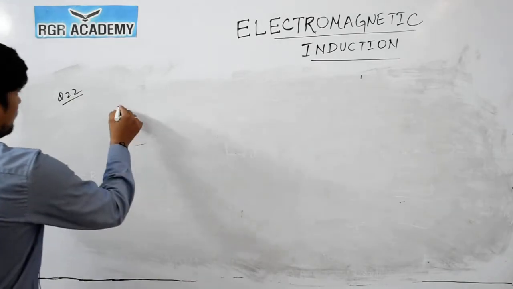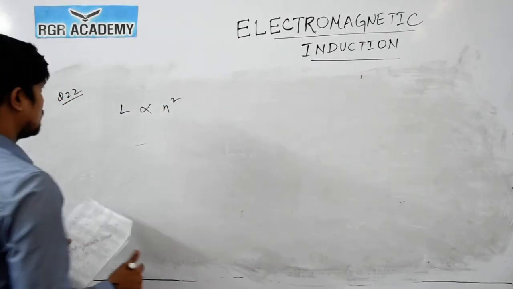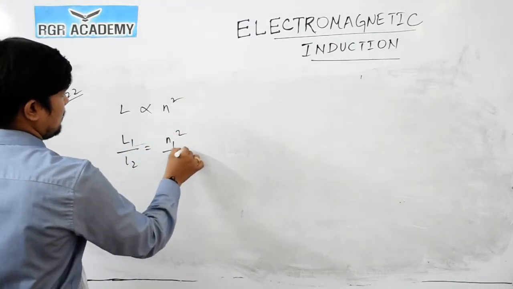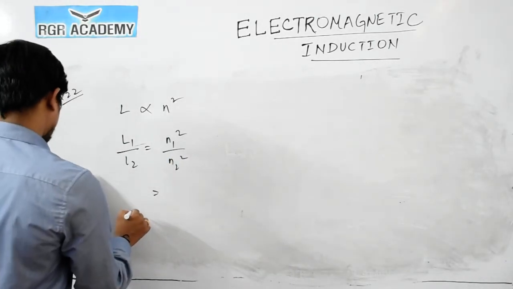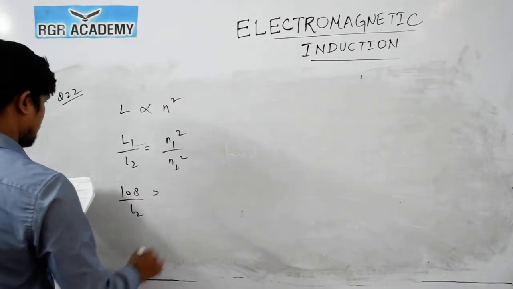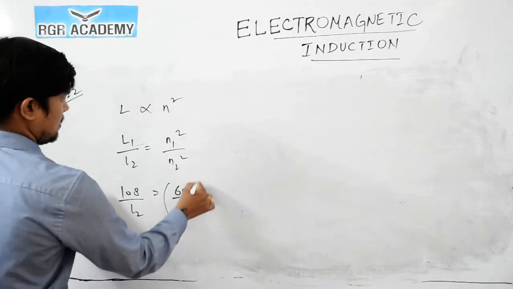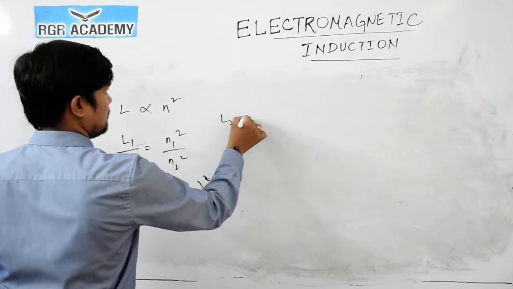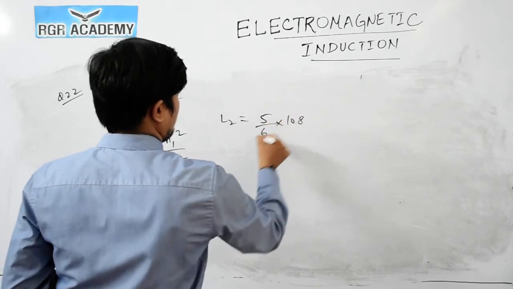We know that self-inductance is proportional to number of turns square. So we can say that L1 by L2 will be equal to N1 square by N2 square. L1 is 108 millihenry, L2 we have to calculate, N1 is 600 divided by 500 square.